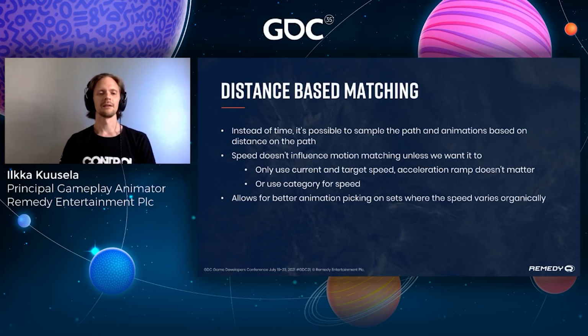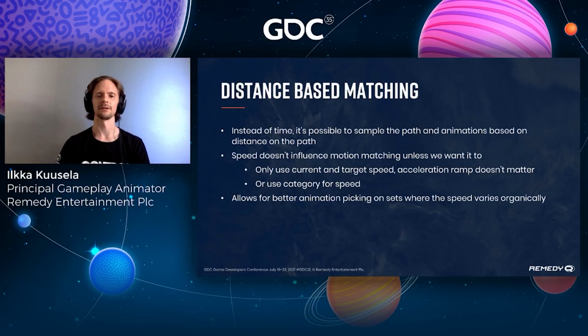Now, being animation-driven only goes so far, because even though the animation technically can now control the speed, motion matching still prioritizes animations that are matching the speed it's requesting. And to counter this, we added the option to use distance instead of time to sample the animations.